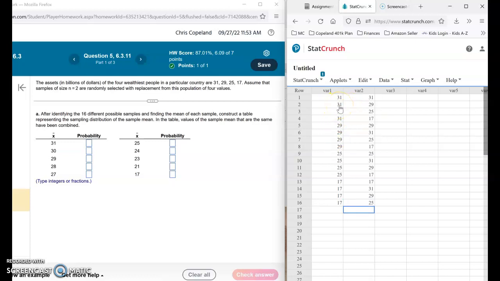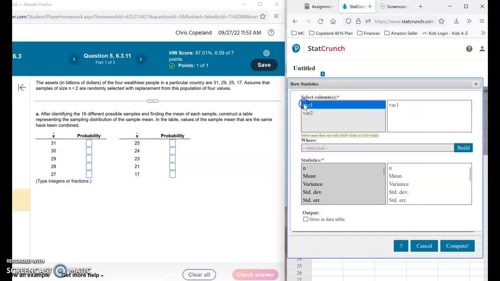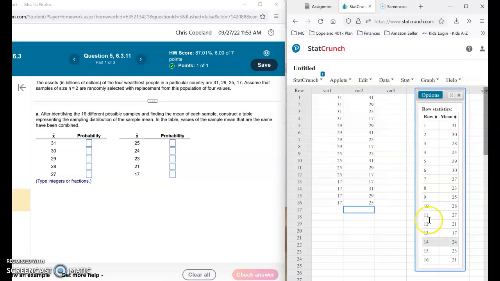Okay, so we have all the samples of size n equal to 2. Now what you're going to do is go to summary stats, rows. We want var1 and var2 with the mean of all of these. First of all, 31.